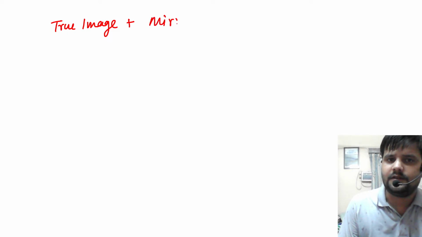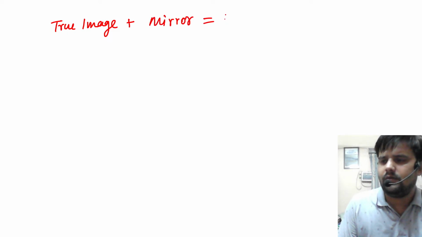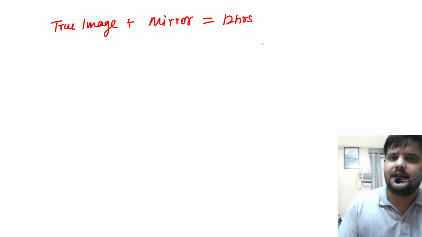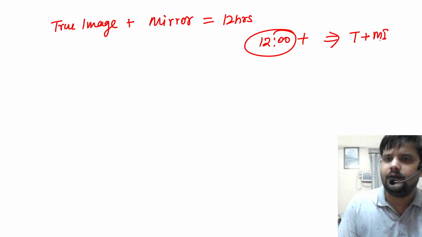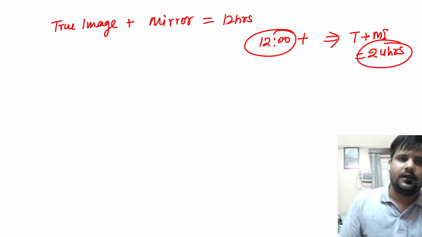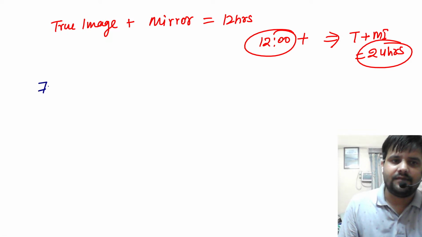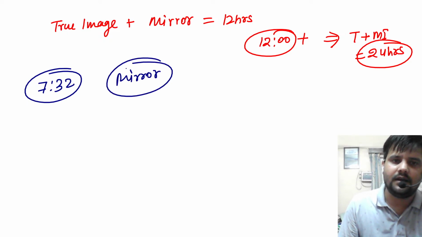All right, so what we know is that true image plus mirror image will always be equal to 12 hours. Only when the time is above 12 something, true image plus mirror image will be 24 hours. Getting my point? Now if someone asks you the time is, let's say, 7:32, what will be the mirror image of it? Don't make it in the analog clock, just subtract it from 12 hours.